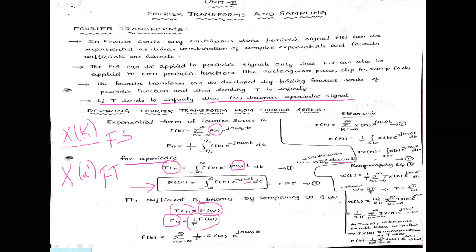Total function n omega naught becomes omega here. Now f of t is the sum from n equals minus infinity to infinity of 1 by T F of omega e power j n omega naught t.